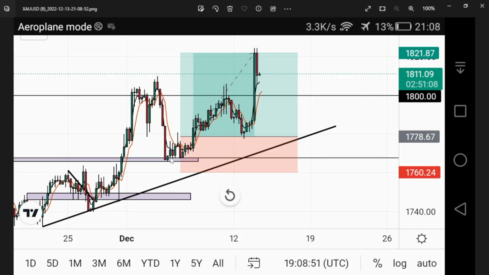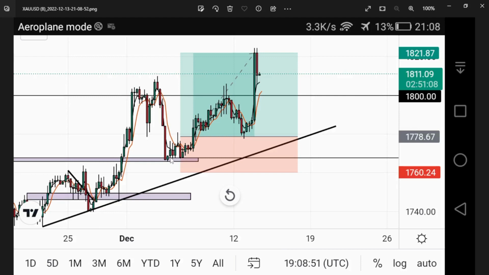Price created these inside bars, continued making these inside bars, then followed by an engulfing candlestick, and the moving averages also crossed over, giving me confirmation that I can enter the trade now. So this is how I entered the trade.